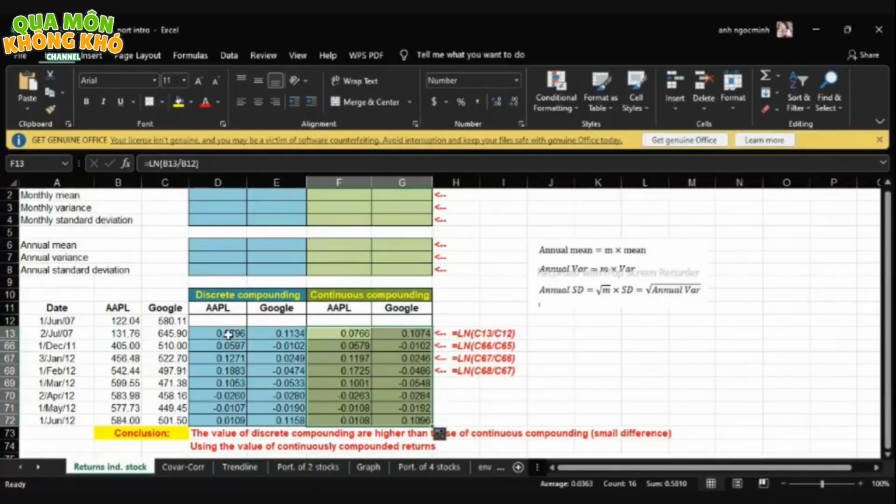From these numbers, do you know the advantages of the continuous compounding return, and of course the disadvantages as well?